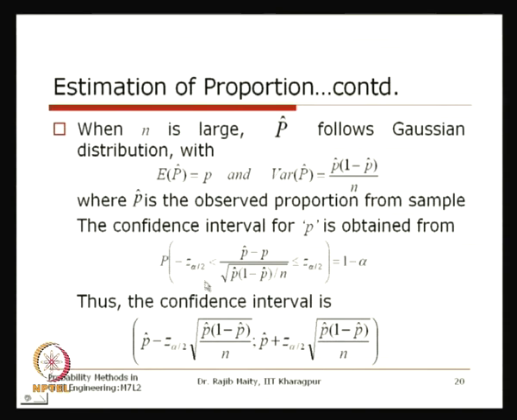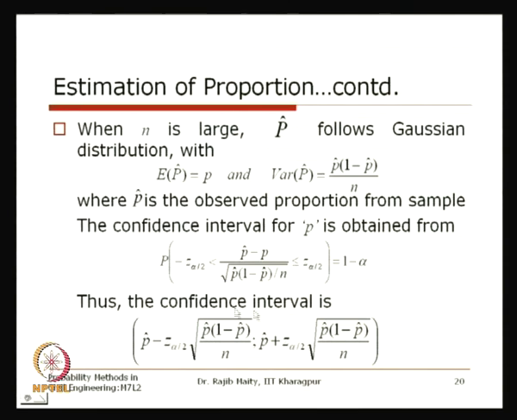We discussed this in the last lecture also; it is taken from the standard normal distribution, and we are looking for that particular quantile value at the cumulative probability level 1 minus alpha by 2.